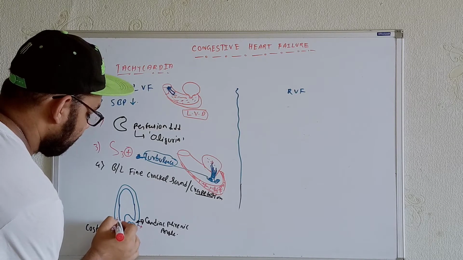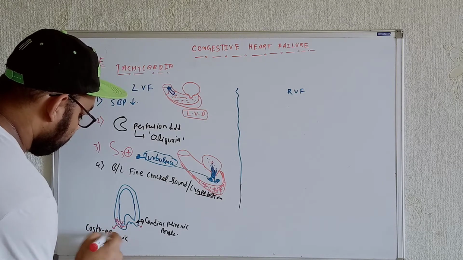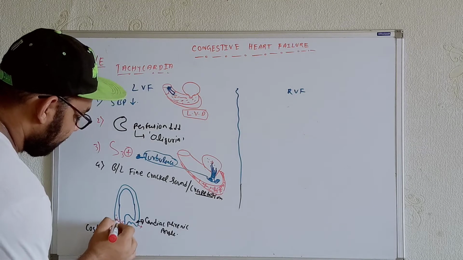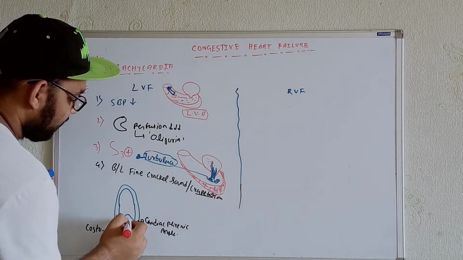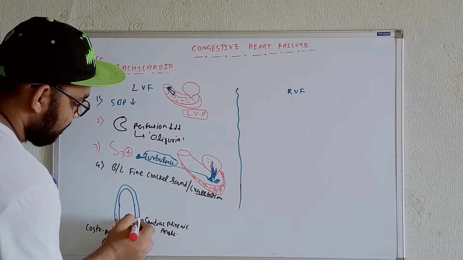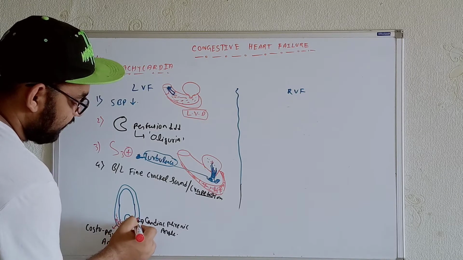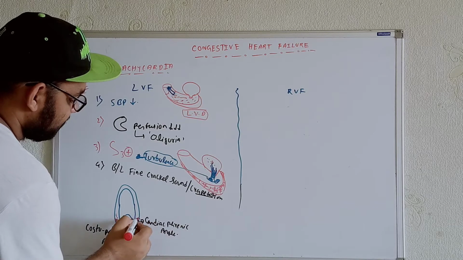So at first we will get accumulation of blood within the costophrenic angle. Now whenever the blood is accumulated too much, after that the blood will start accumulating within the cardiac phrenic angle in these regions.